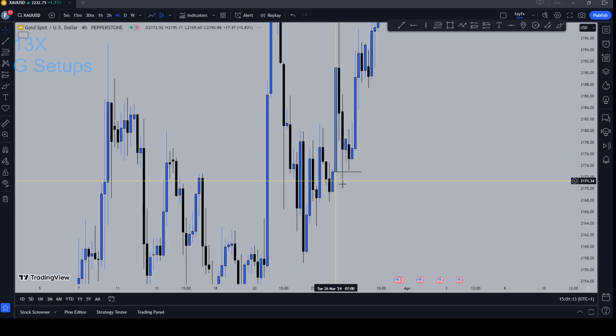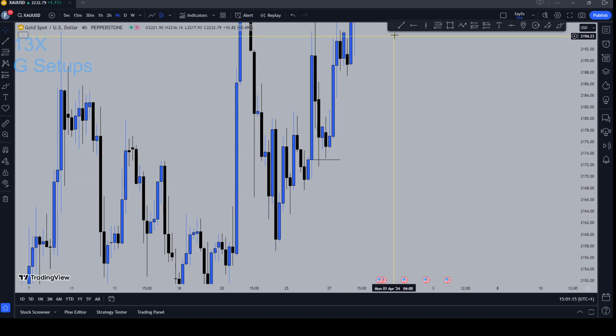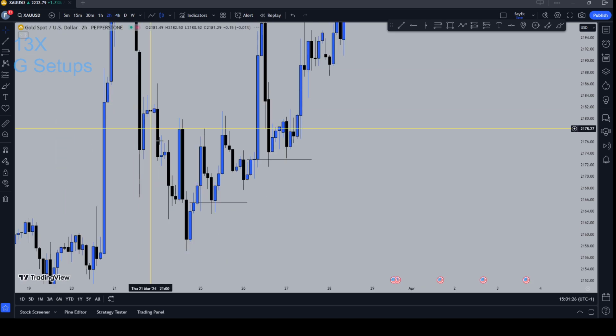Let's look here. This H4 bullish gap. Let's go one time frame lower. We find here a gap CC, price rejected, then flies up.